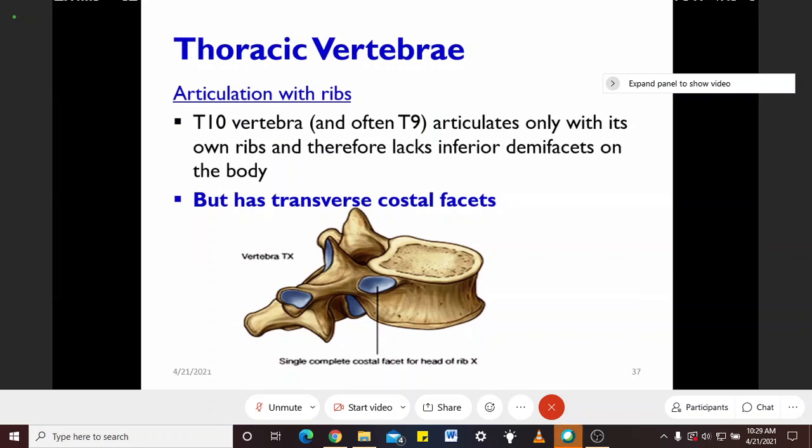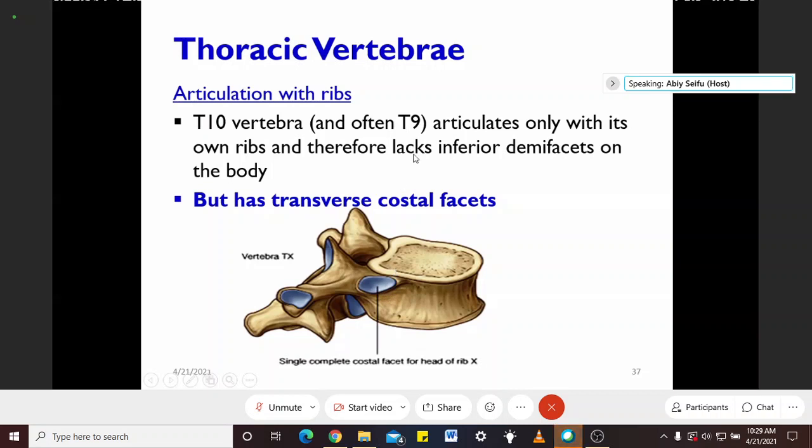Now let's see the other vertebrae, which are T10, T11 and T12. Specifically T10 contains only one complete articular facet, like that of T1.